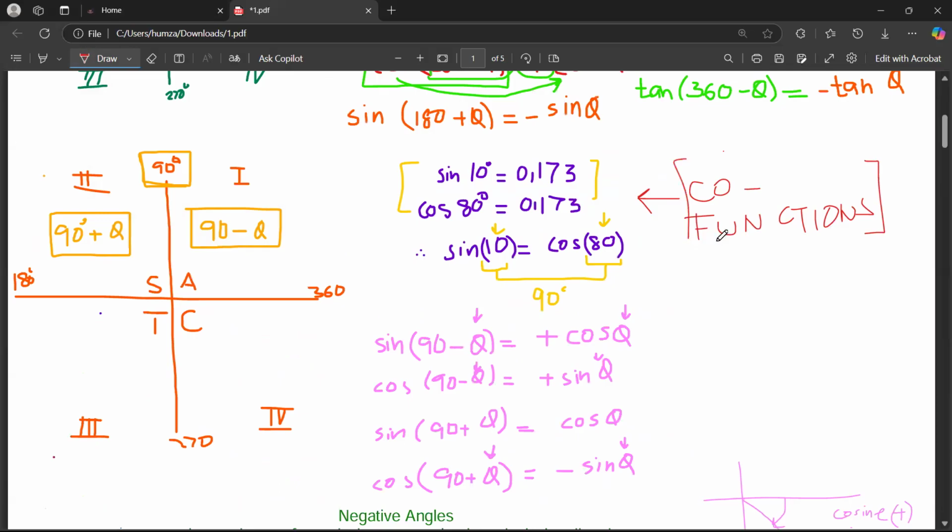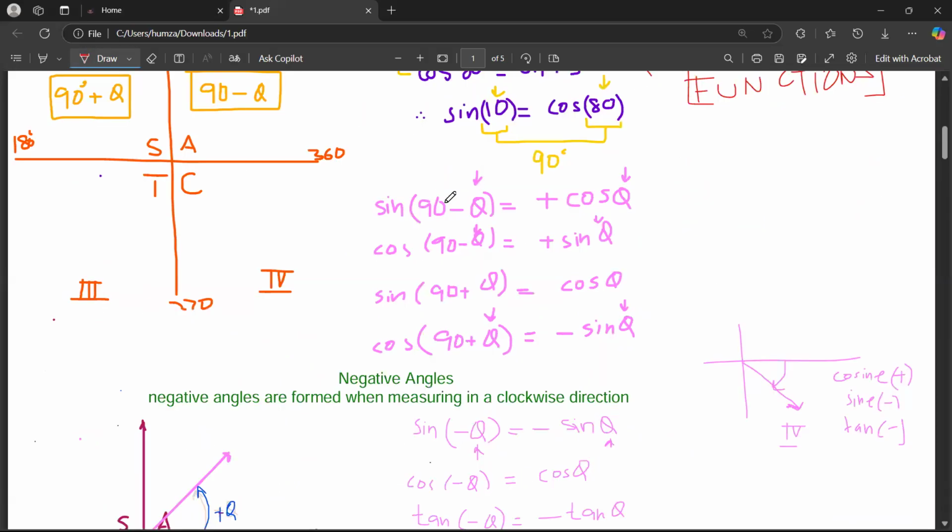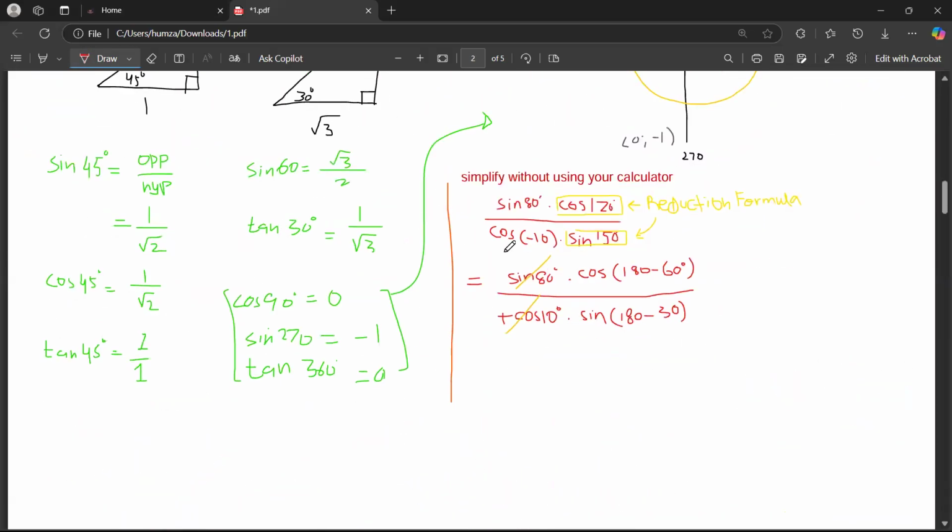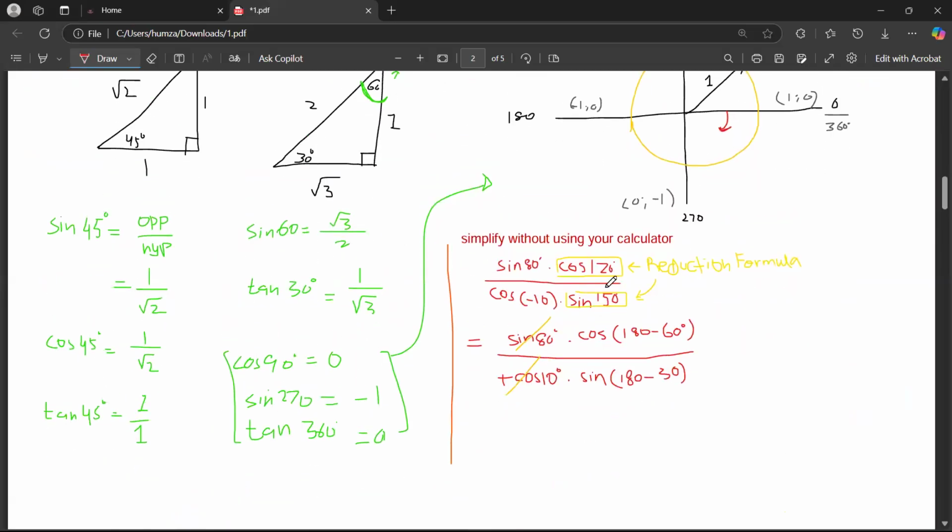Sin 80 degrees and cos 10 cancel each other out.